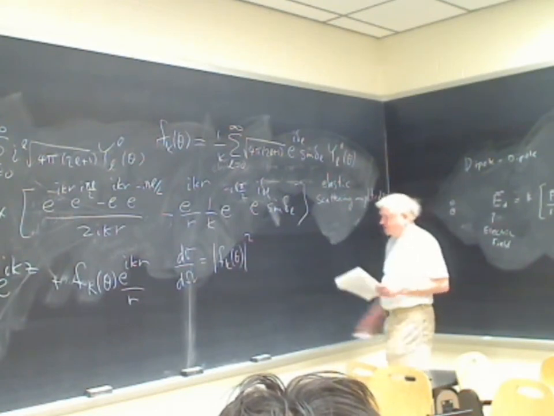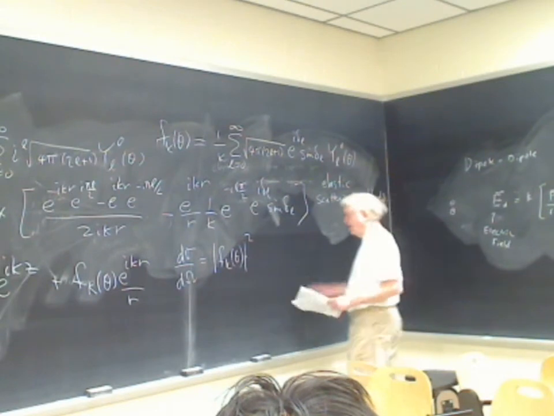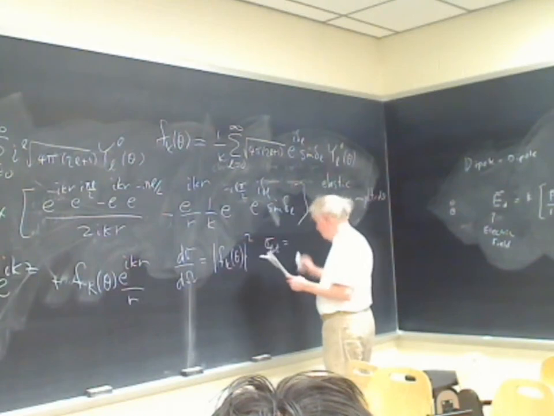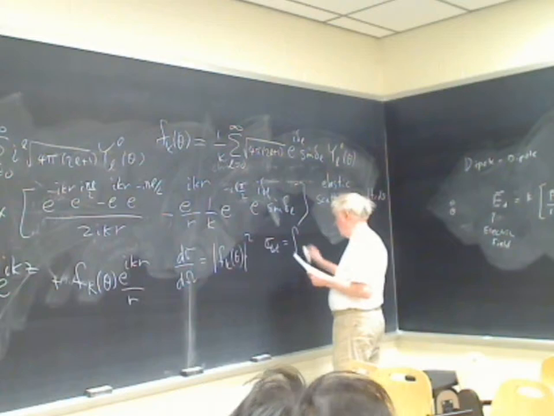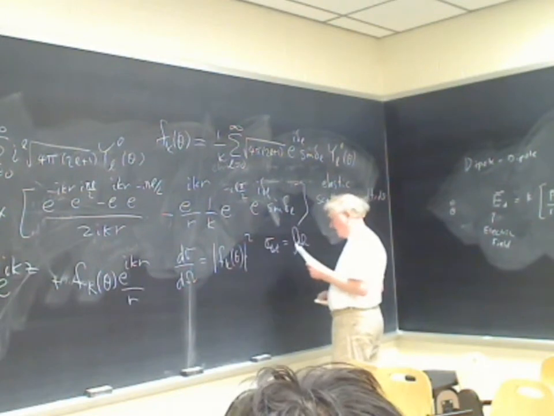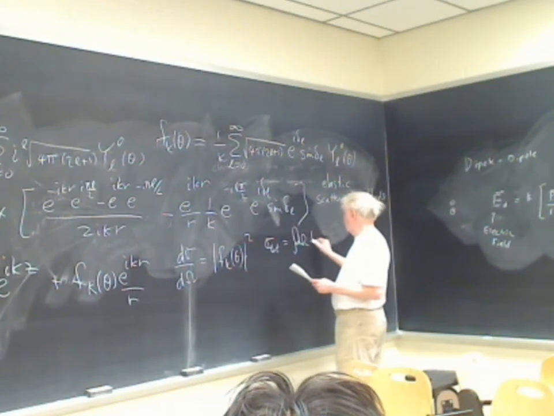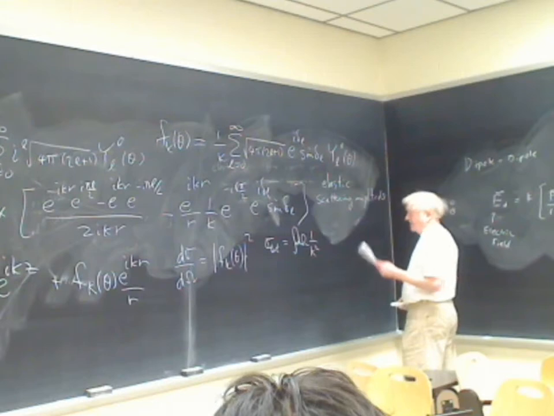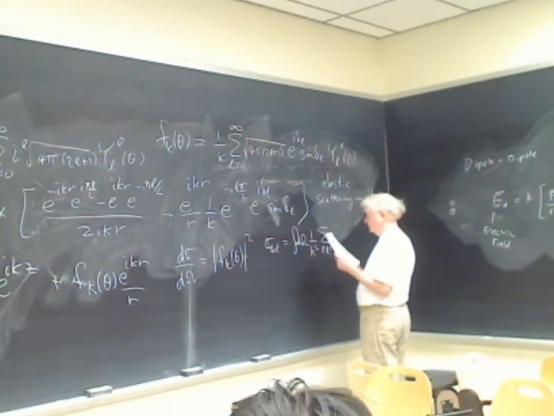Well, the total cross-section is the integral of this over d omega, and so the total cross-section is the integral d omega of this whole structure here. So that's 1 over k squared, and it's going to be a sum over L and L prime.